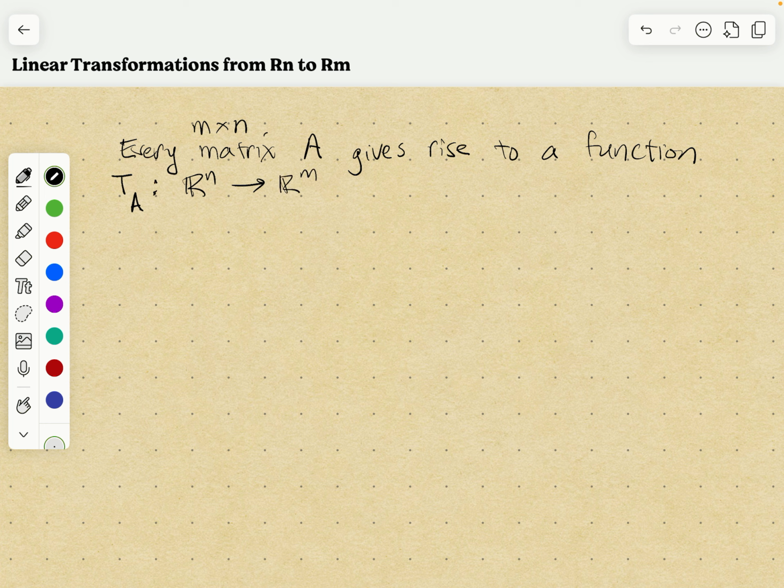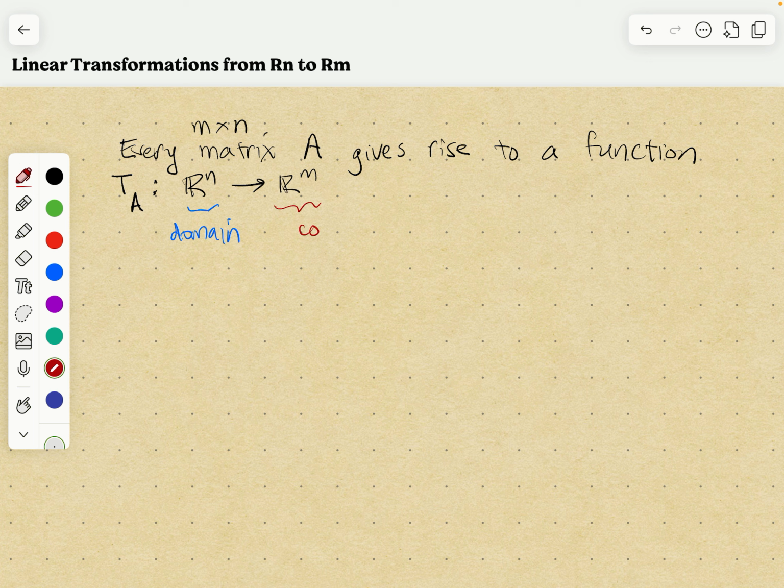So I'm using this notation, the function notation, where first you say the name of the function, it's called T sub A, and then you have a colon, and then you say the domain. So where all the inputs are, in Rn, right? So this is the domain of the function. And then you say it goes to, so that's the arrow, and then where the outputs are, in Rm.